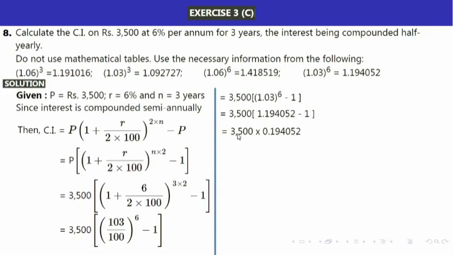When you multiply this with 3,500, your answer turns out to be rupees 679.18. So this is the compound interest on rupees 3,500 at 6% per annum for 3 years if the interest is compounded half yearly. You may pause the video and note down the solution.